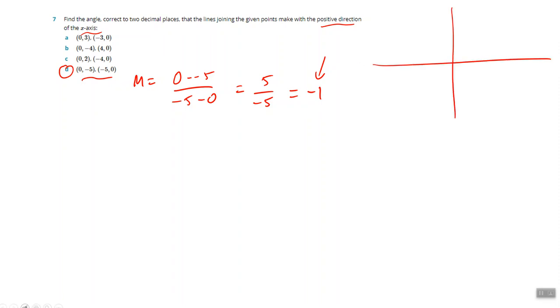If I do a visualization, so let's just say this is my gradient.